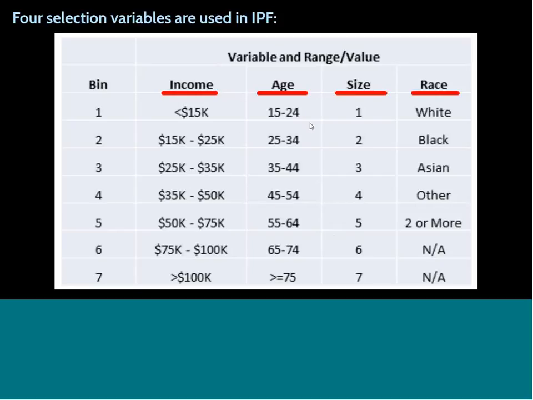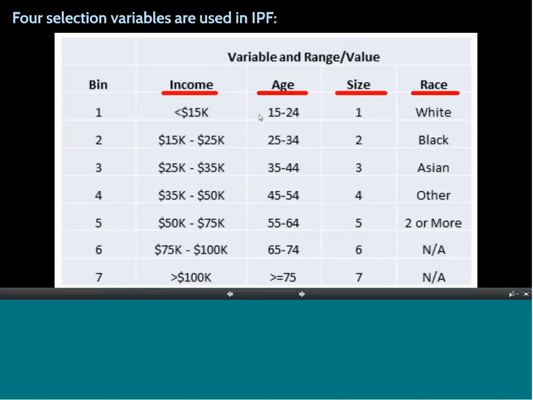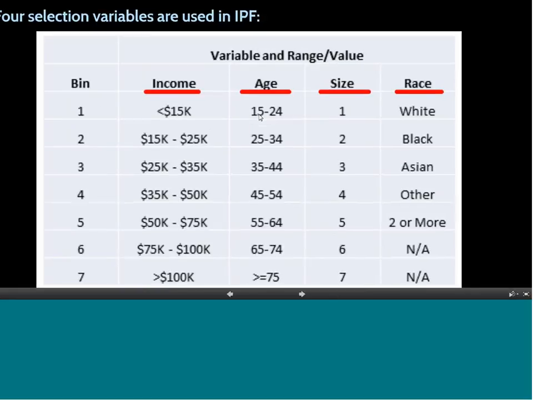So we're trying to construct the resulting data so that we have the right number of dots, and the dots represent all of these different characteristics at a summary level, at the block group level.